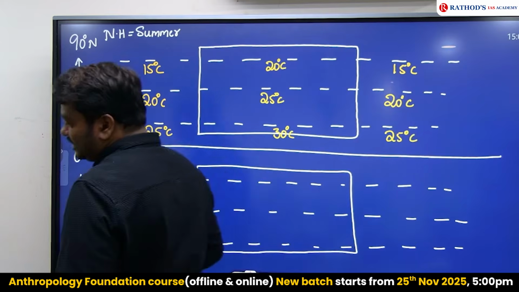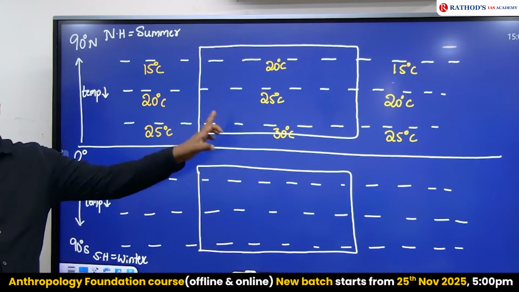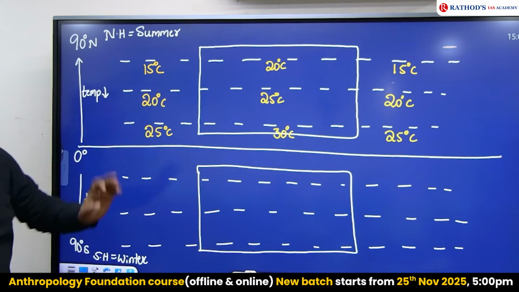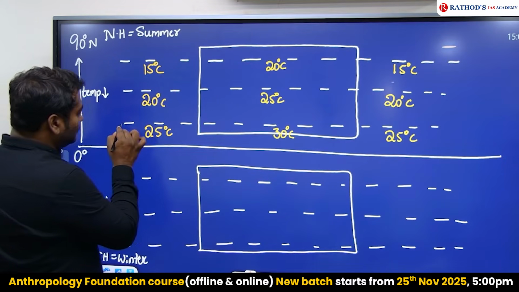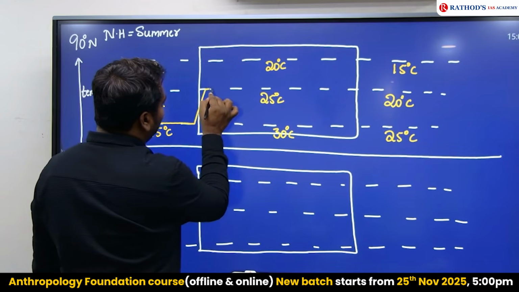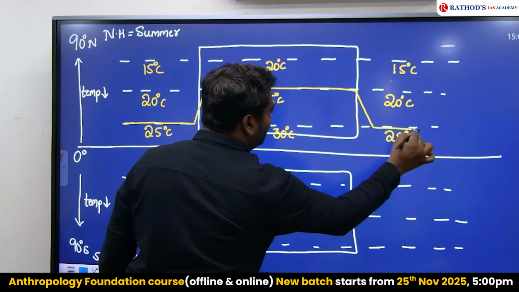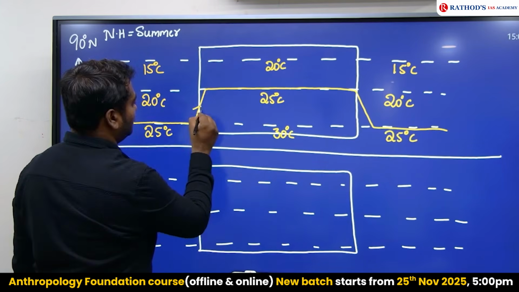Okay? These dotted lines indicate places. Now, what is an isotherm? An isotherm is an imaginary line joining places of the same temperature.